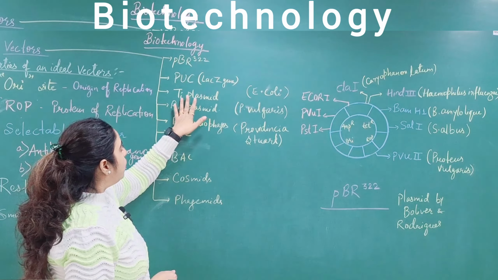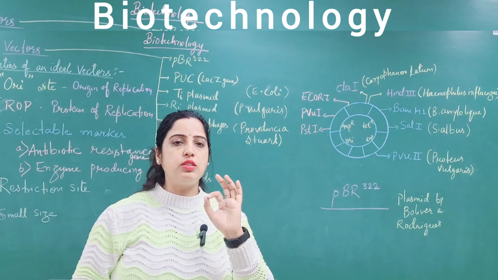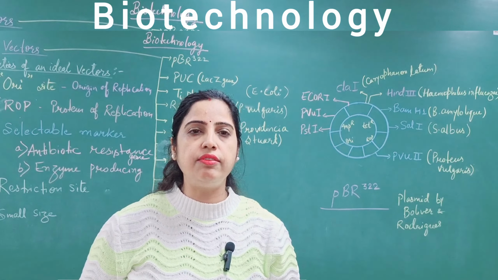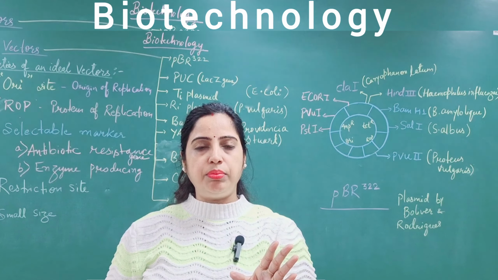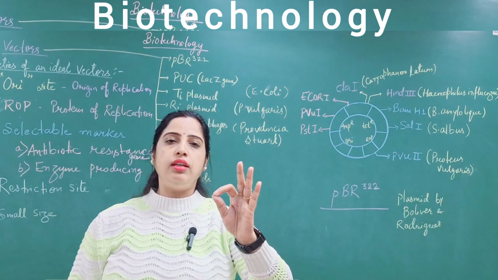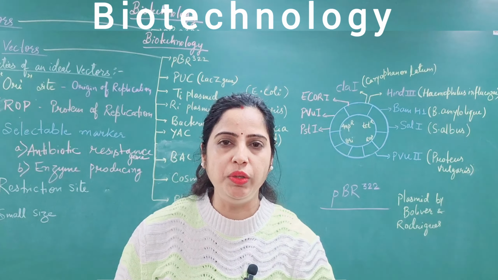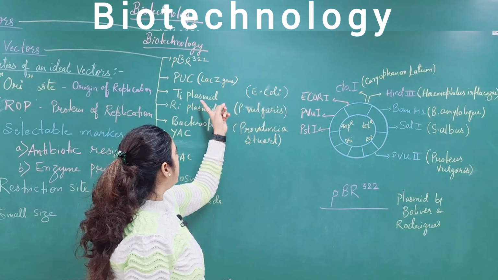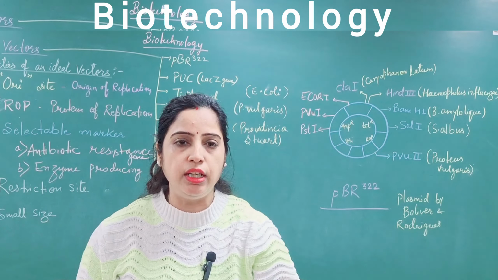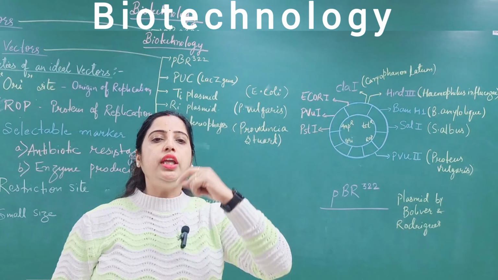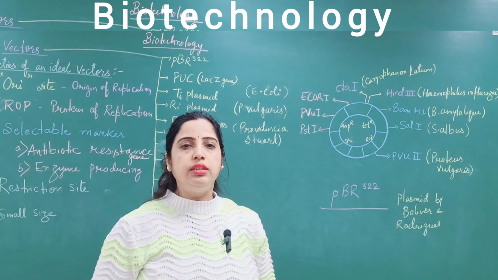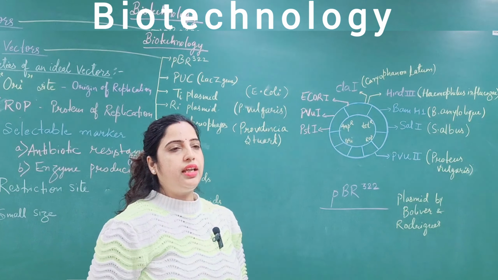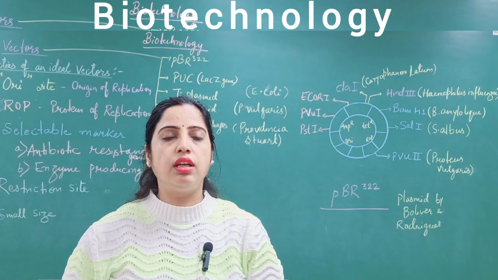Okay, now we have the Ti plasmid. This is very, very important. The source of this plasmid: you must have heard that the biotechnology chapter is incomplete without knowing the name of Agrobacterium tumefaciens. Agrobacterium tumefaciens has a special type of plasmid called Ti plasmid, which has the property of inducing tumors in plant cells. So basically it carries genes which induce tumors.